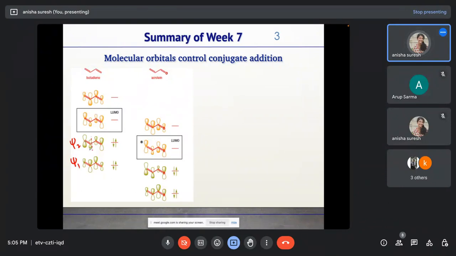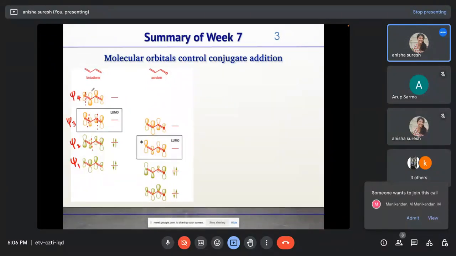So these two will be similar and these two will be similar. There will be one node. And in case of psi 3, there will be two nodes. So here there will be a difference in the phase. These two will be of the same phase and there will be a difference in the phase here. And in case of psi 4, all the phases will be different.